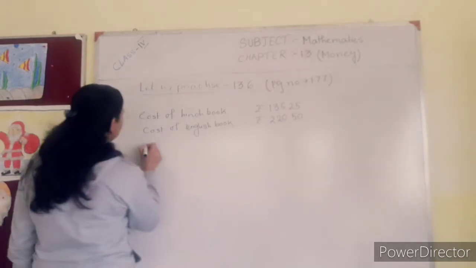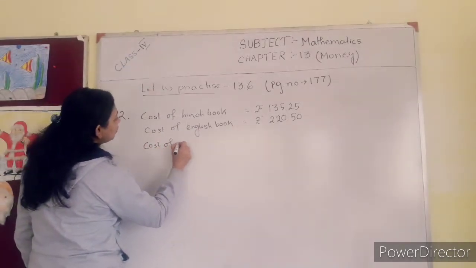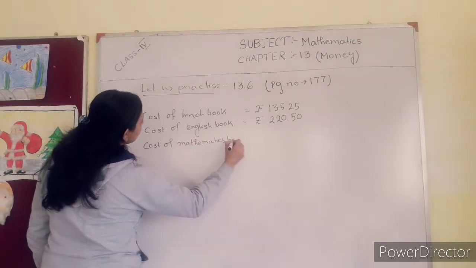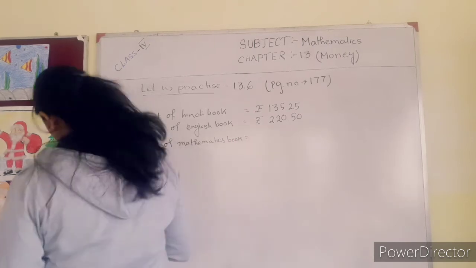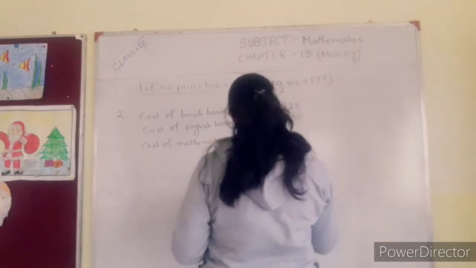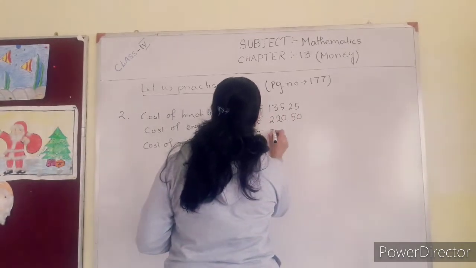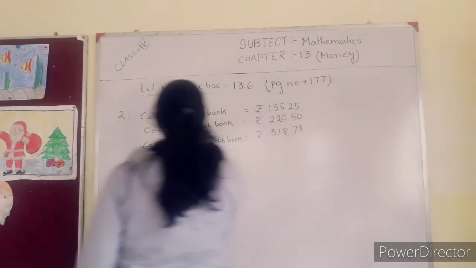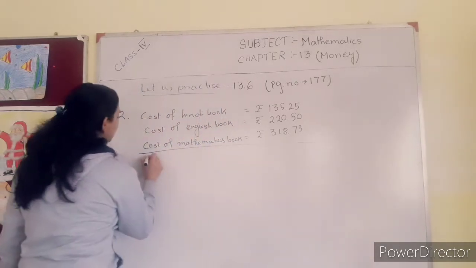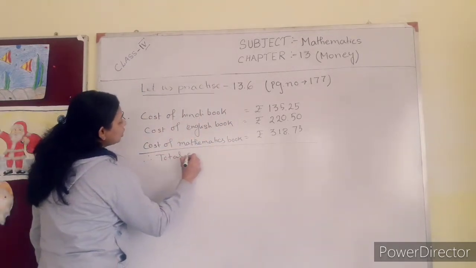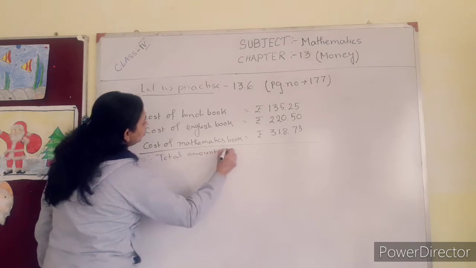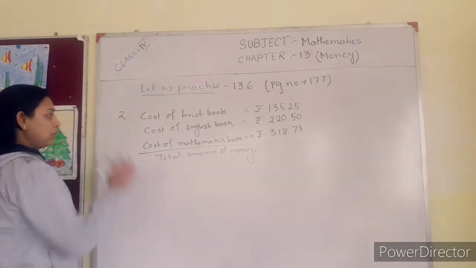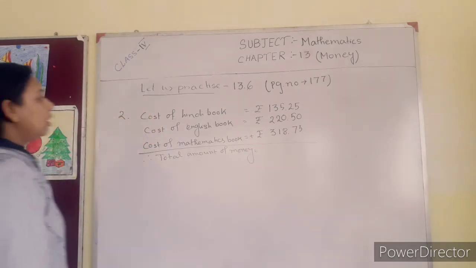Cost of mathematics book equals rupees 318.75. Therefore, total amount of money equals, to find out the total amount of money, you have to add the amounts.